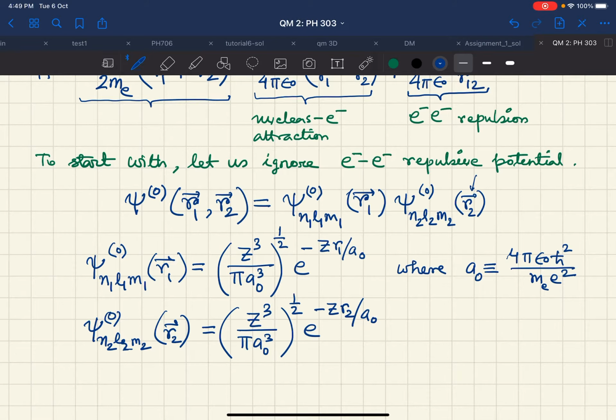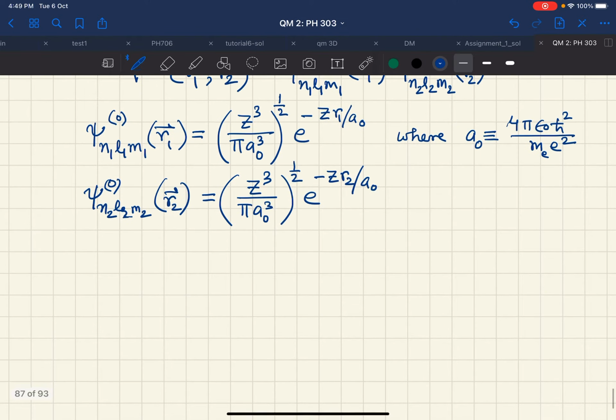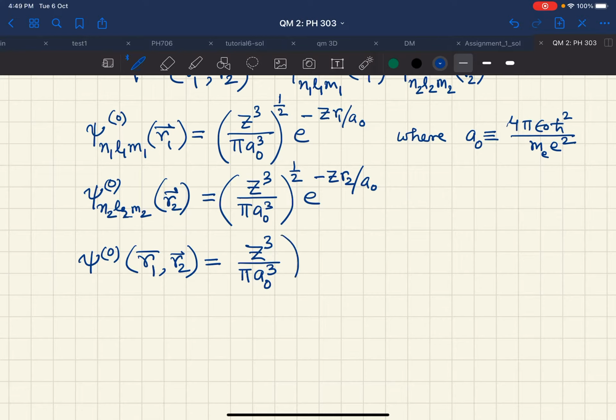And therefore, we can write down the total ground state wave function for the system as Z cubed over pi a0 cubed, into e to the power minus Z (r1 plus r2) divided by a0.